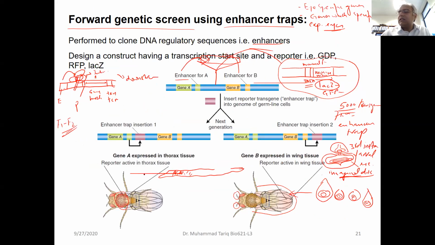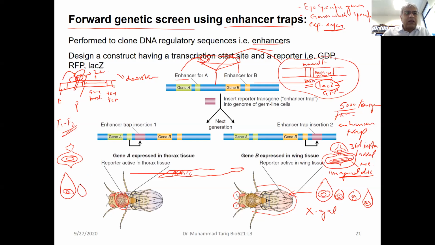So after isolating imaginal discs, if you have used lacZ in your enhancer trap construct, you stain these discs with X-gal, the substrate for lacZ, and I will now try to draw the stained discs. See, this is the wing disc.